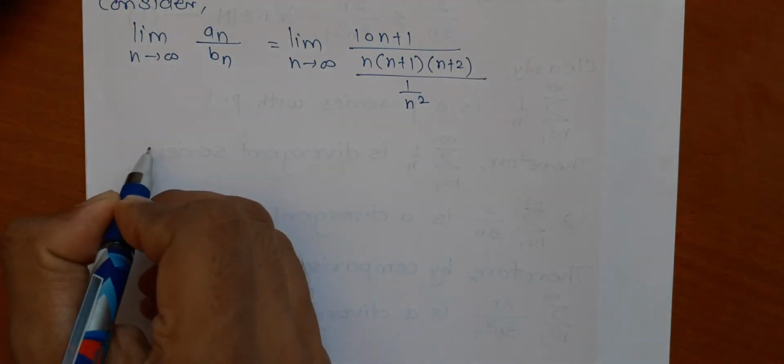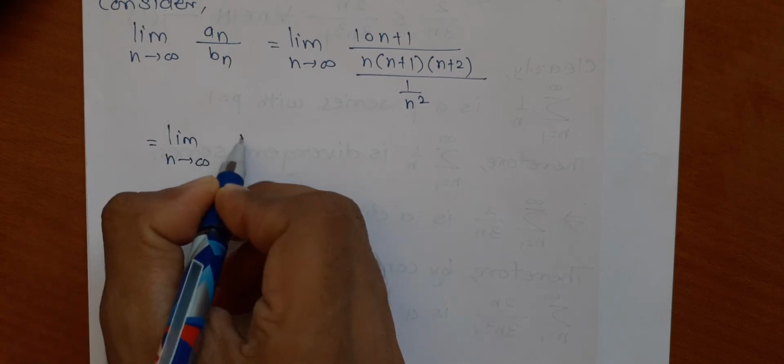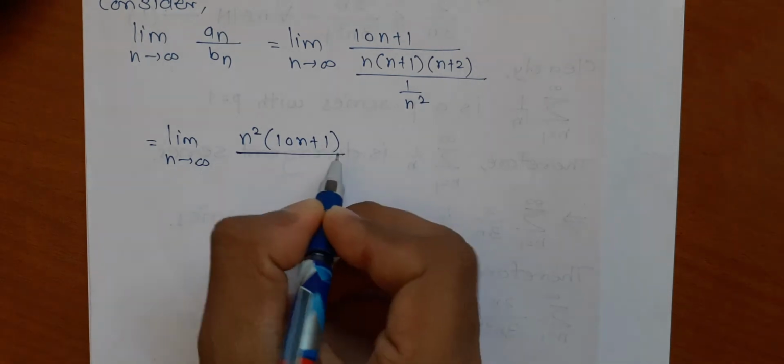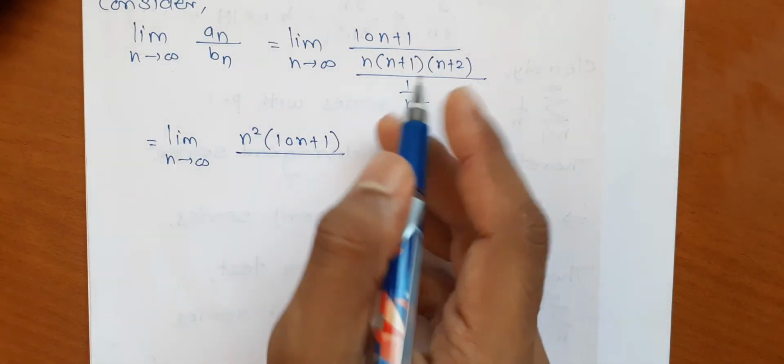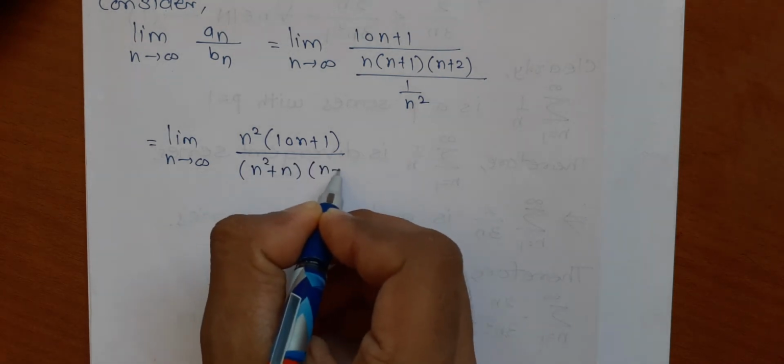So this is equal to limit n tends to infinity, n square will shift to the numerator, (10n + 1). Simultaneously, I will take the product in the denominator, n square plus n plus 2.